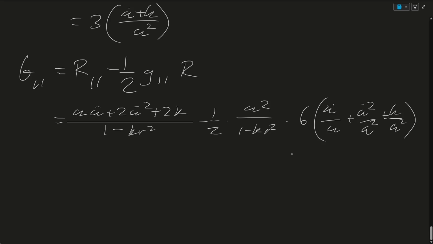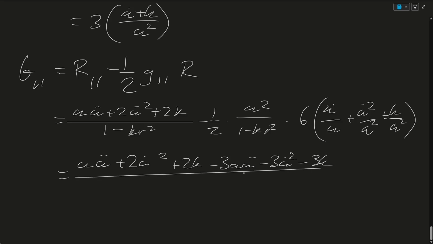I could expand the second term, but I'm going to just write the expanded thing down because it's quite tiresome to expand. So this then becomes a double dot plus 2 a dot squared, and I would definitely make a mistake doing this, minus 3 a double dot. This is just elementary algebra in terms of an expansion.